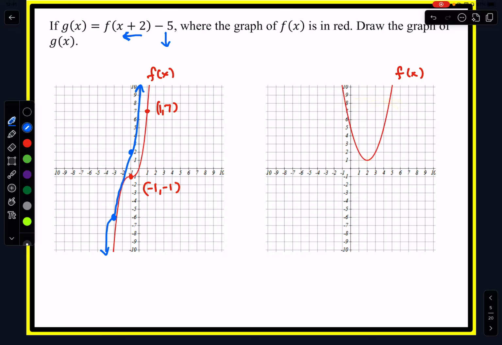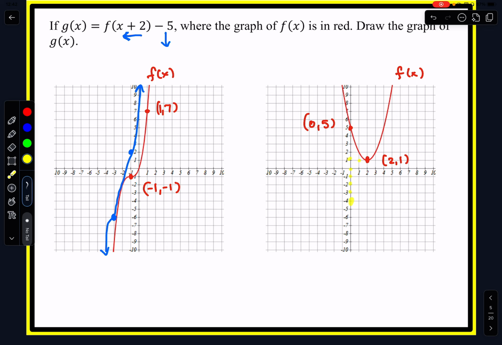So right here on the right, that one at 2, 1, and then any other point. Let's use this one at 0, 5. And we're going to just simply do the same thing, move those 2 points in the direction of negative 2 and negative 5. So 2 to the left and 1, 2, 3, 4, 5.